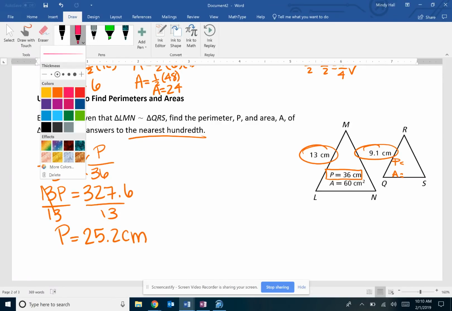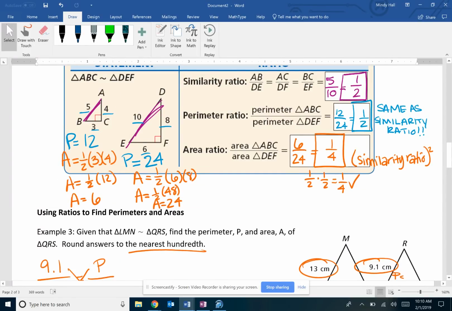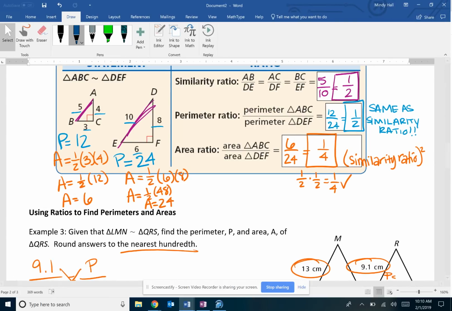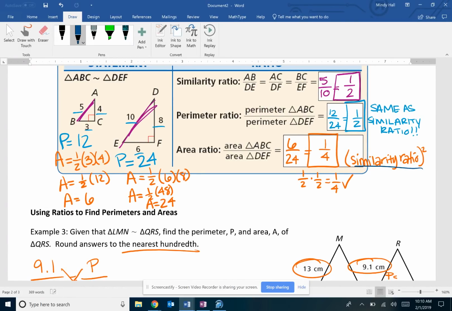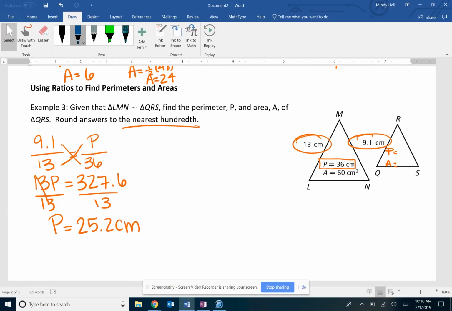Now, for area, remember the ratio for area is going to be that similarity ratio squared. So you want to be careful that you don't just put the similarity ratio. Some of you may prefer to square them before you actually write it into the proportion.